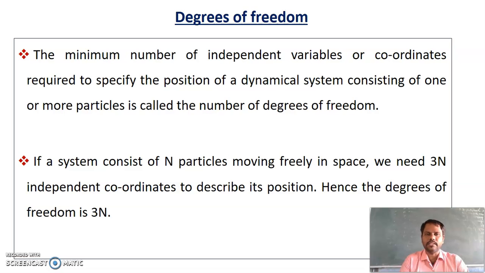A two particle system needs 3 plus 3, which is 6 degrees of freedom. 3 particles need 3 plus 3 plus 3, that is 9 degrees of freedom. Likewise, for a system consisting of n particles moving freely in space, we need totally 3n independent coordinates to describe its position. Hence, the degree of freedom is 3n.